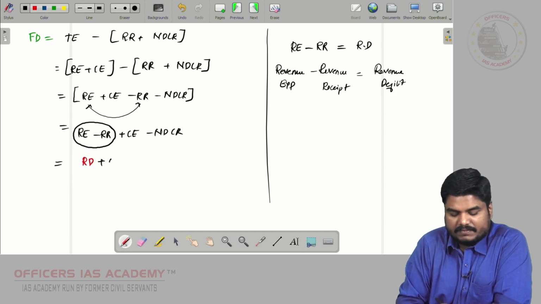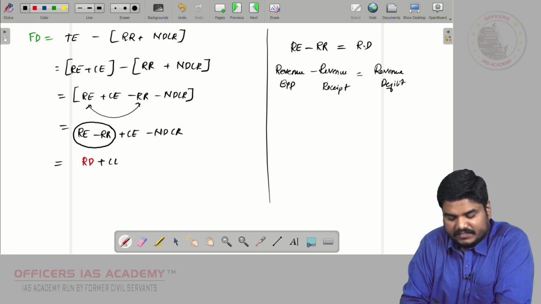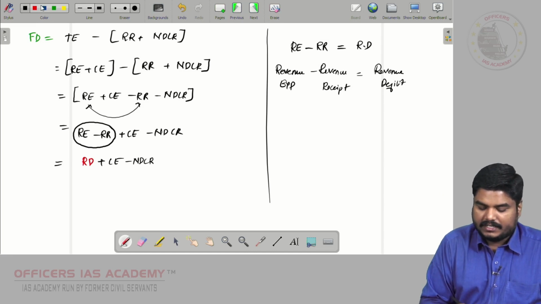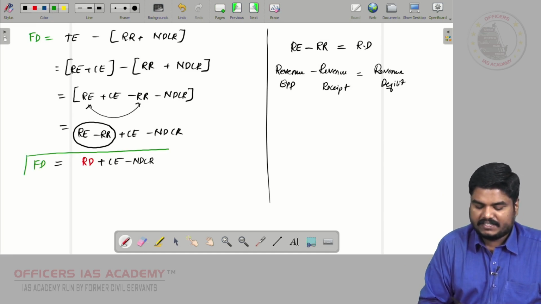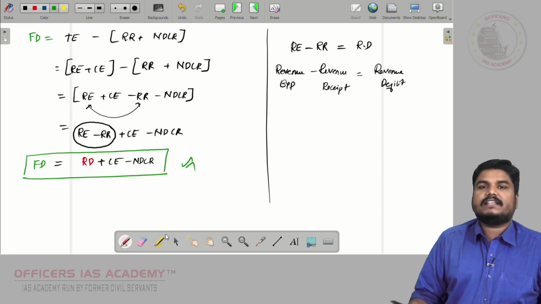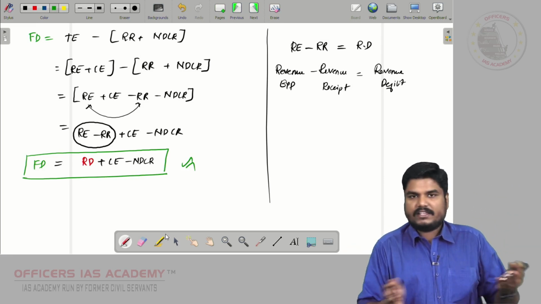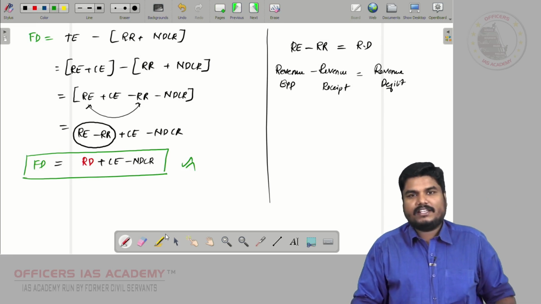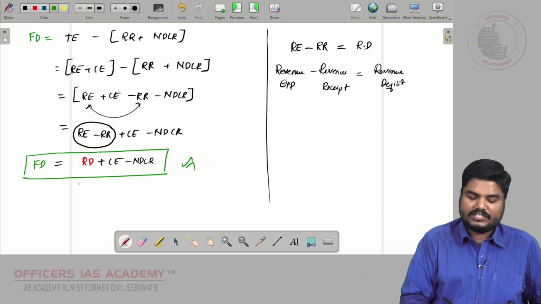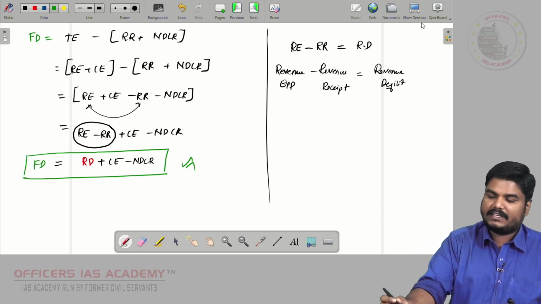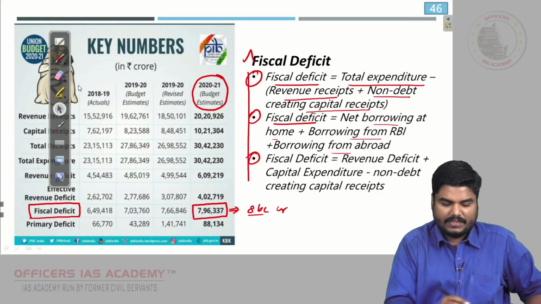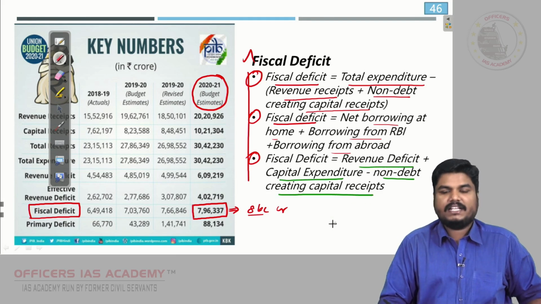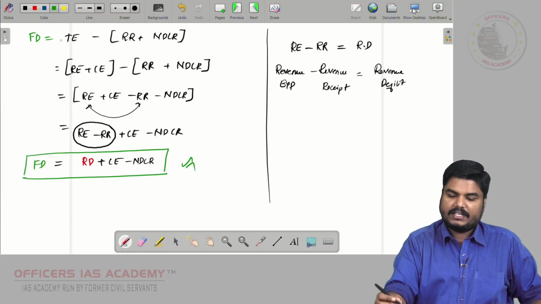Then plus capital expenditure minus NDCR. So this is one way of defining fiscal deficit. The fiscal deficit formula can be written like this as well. Simply I rearranged certain components involved here, and we arrived at FD is equal to RD plus capital expenditure minus NDCR. See, FD is equal to revenue deficit plus capital expenditure minus non-debt creating capital receipts, right.